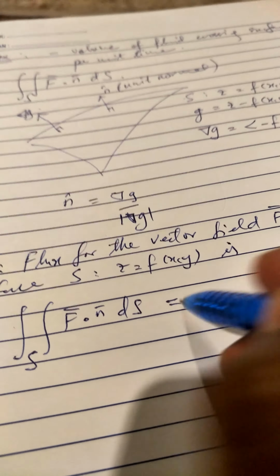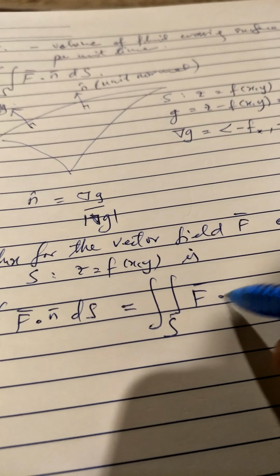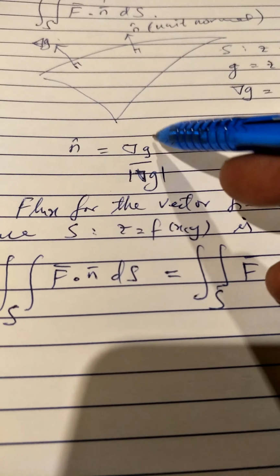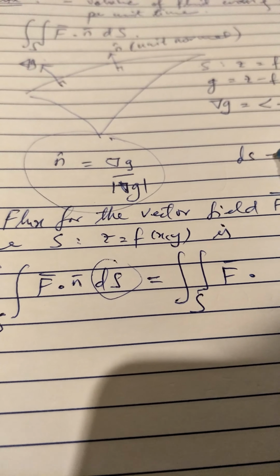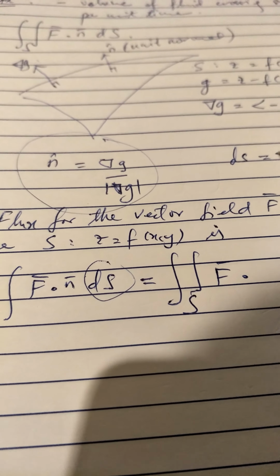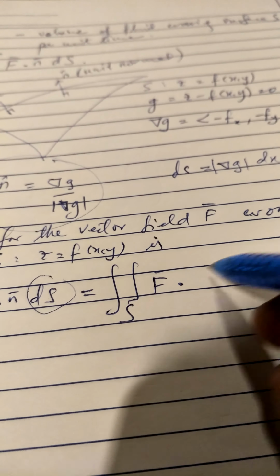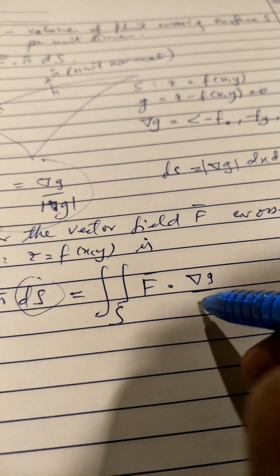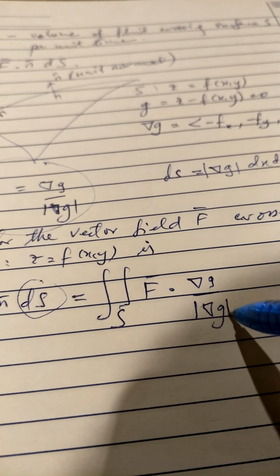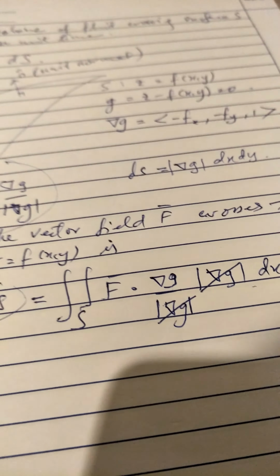Here n is del G over magnitude of del G, and dS, as I've shown in the previous video, is the magnitude of del G dx dy. That you can cancel out, so what is left is only that.